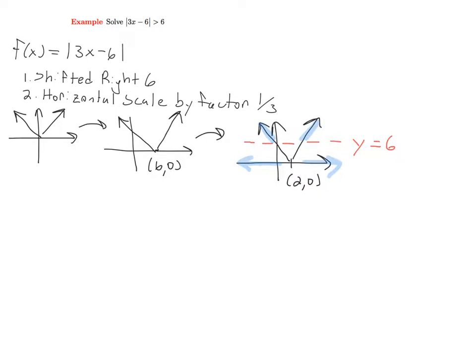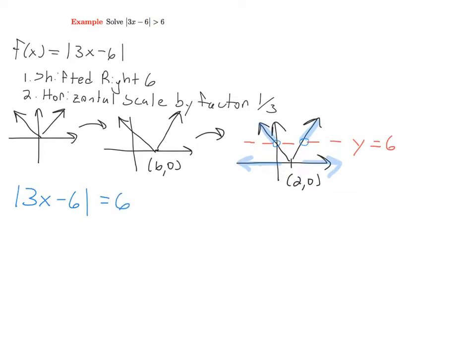So let's first identify where these are actually equal to each other. So these points right here that I've just circled in blue. And to find where the absolute value graph intersects the line y equals 6, well, that means we want to figure out when the absolute value of 3x minus 6 is exactly equal to 6.